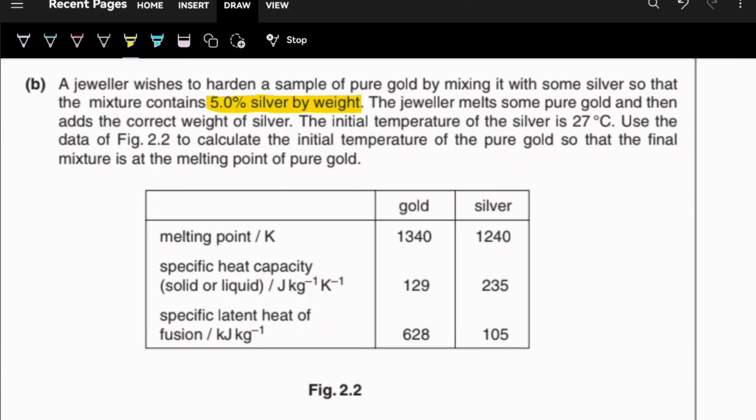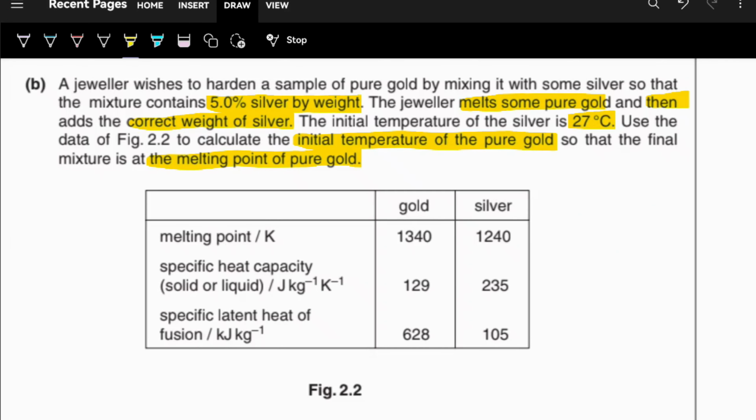That means he melts the gold, and then he adds the correct weight of silver. Okay, then the initial temperature of the silver is 27 degrees Celsius. Use the data in the table here to calculate the initial temperature of pure gold. That is the question, so that the final mixture is at the melting point of pure gold.